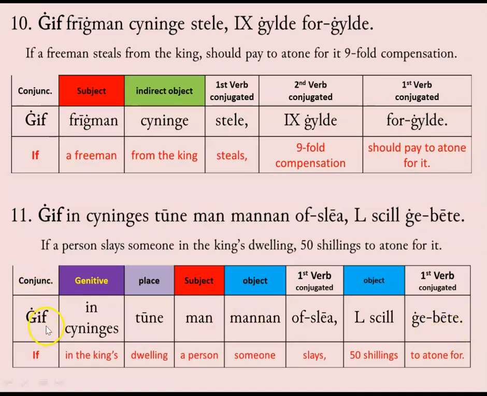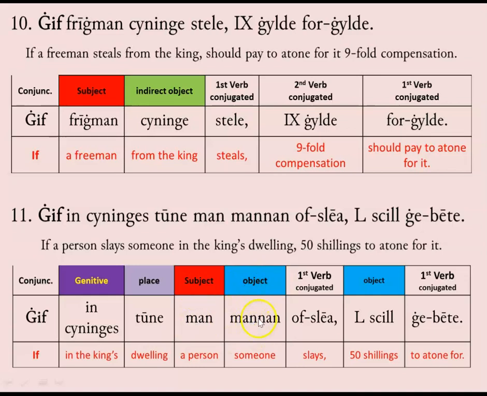What we have here is the subordinating conjunction yif, the genitive in kuningas, in the king's, tune, dwelling. This is a place because it's in the dative. The E on the end marks it as dative, so it's a place, in the king's dwelling. Man is the subject, this individual who is going to commit a crime, whoever they are.